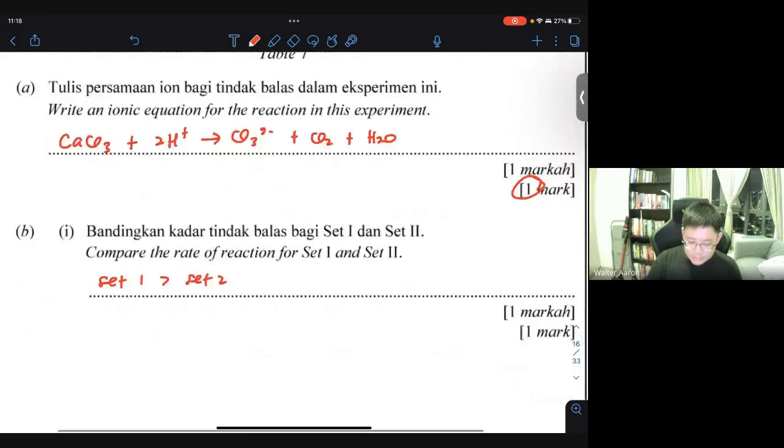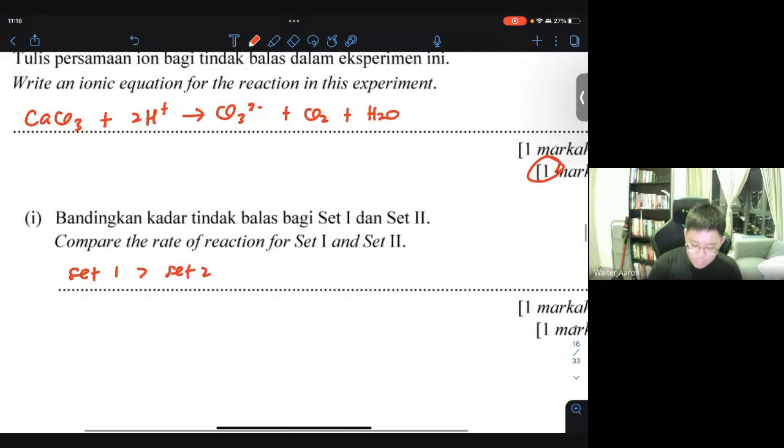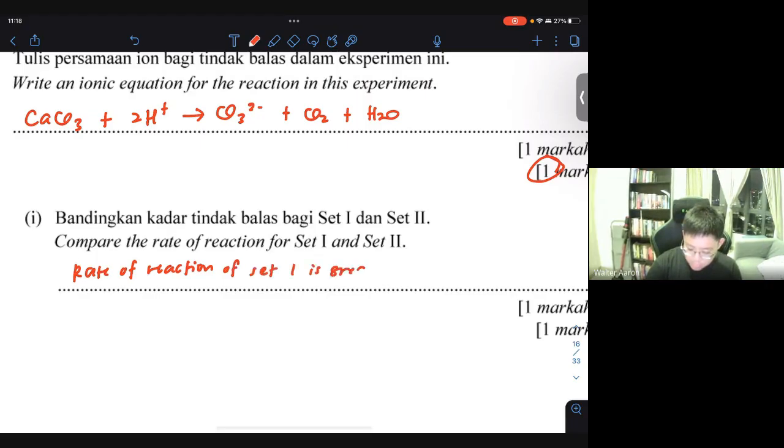Okay, and then after that, they say compare the rate of reaction between set 1 and set 2. So obviously, don't write like me, okay? What you can do is you can always write properly. You can say that the rate of reaction of set 1 is greater than set 2.